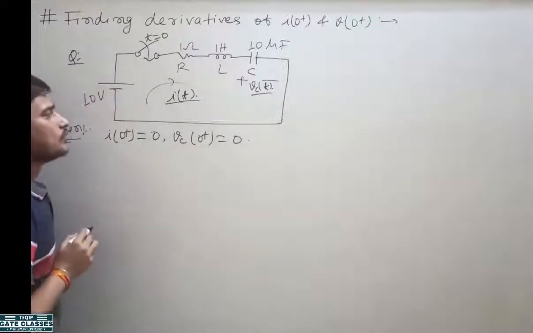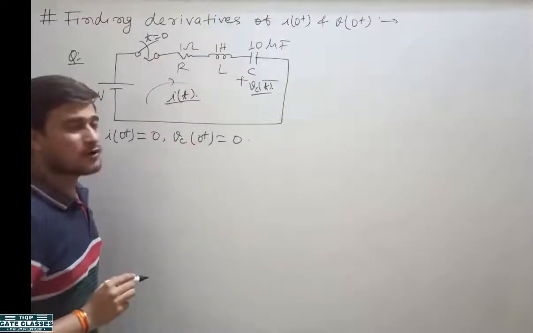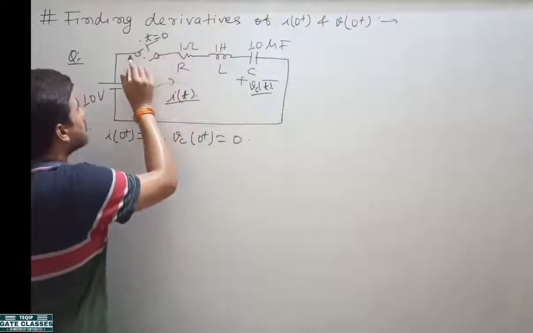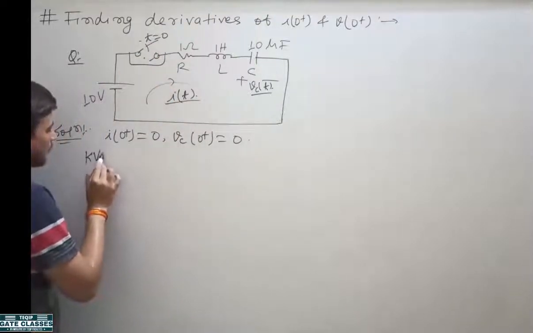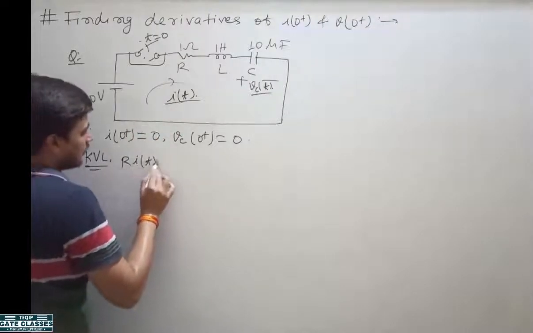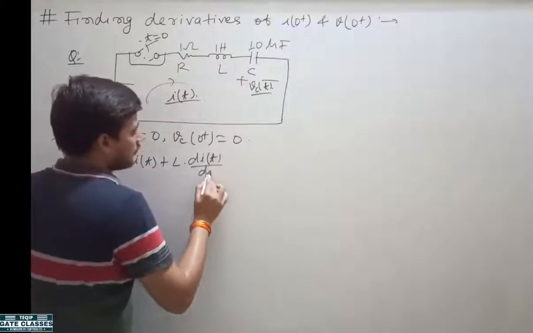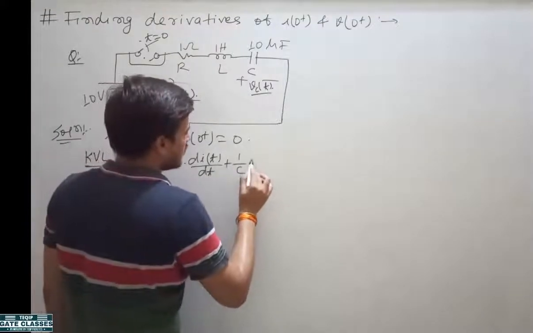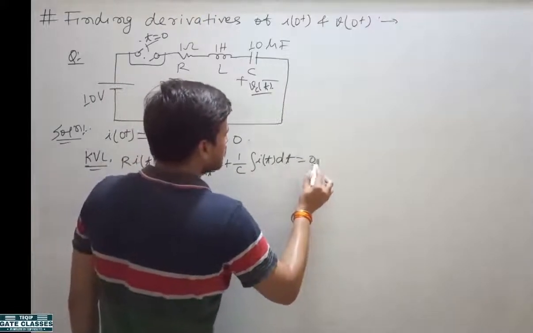Now step 2, what will you do? We'll close the switch and we'll apply Kirchhoff's voltage law. So by KVL we write R into IT plus L into DIT upon DT plus 1 upon C into integral of IT dt will be equal to 0.